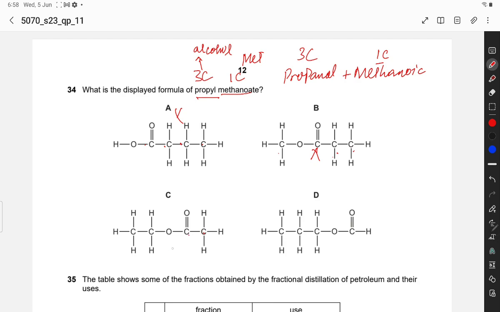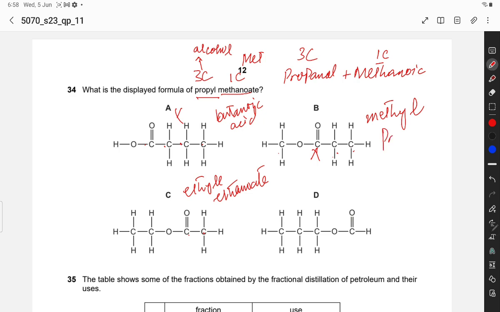This is ethyl ethanoate, this is butanoic acid, this is methyl propanoate.